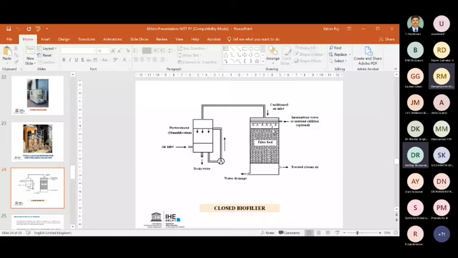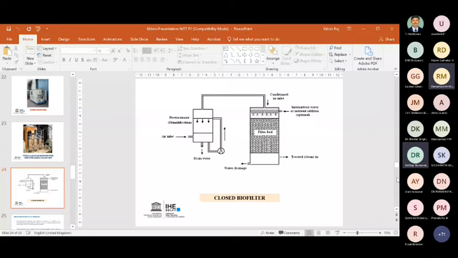They are rather closed biofilters, which have a highly engineered system for automatic pH control, automatic relative humidity control, automatic moisture content control, automatic sprinkling of water, and you can also have a lot of process control manipulations that can be done with the help of online sensors and actuators. So closed bed biofilter is one of the best that I would suggest if you want to operate them at full scale.